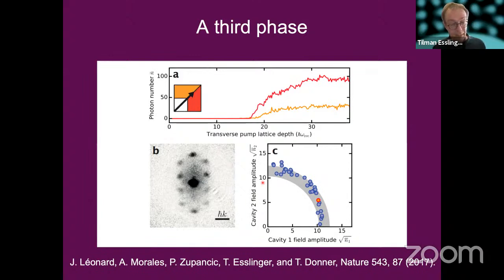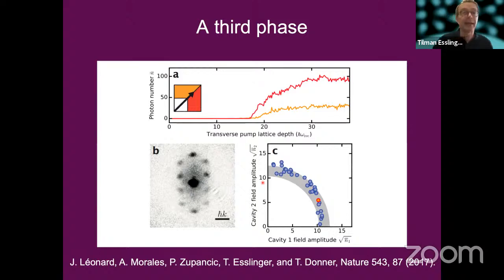And depending on this phase relationship, you have a different pattern, and the relative phase between the two cavity fields gives you the continuous symmetry, and that reflects in a continuous symmetry in your spatial pattern. It's a very good question. So this is like a coupling between the cavities mediated by the atoms. Yes, cool.